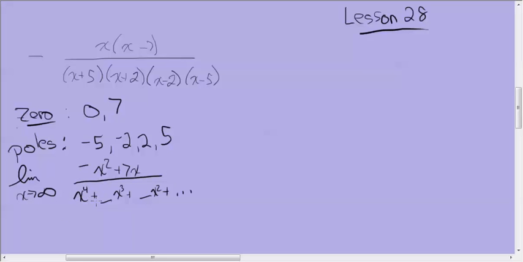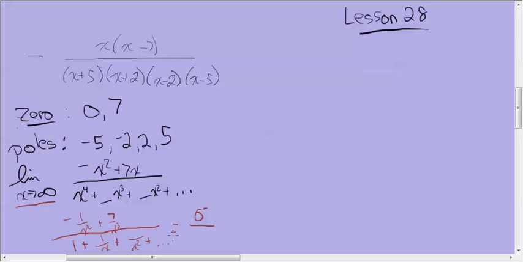So as x approaches infinity, that's just going to be -1 over x squared plus 7 over x cubed divided by 1 plus some number over x plus another coefficient divided by x squared plus ... Now we don't care what those numbers are, because when I'm taking the limit as x approaches infinity, this is going to be -1 over 0, otherwise known as 0 from the negative side, right?